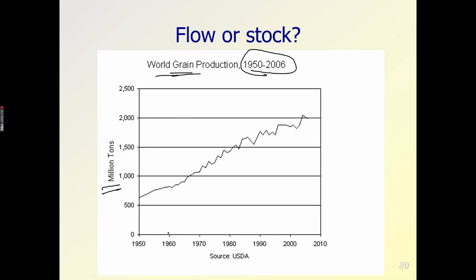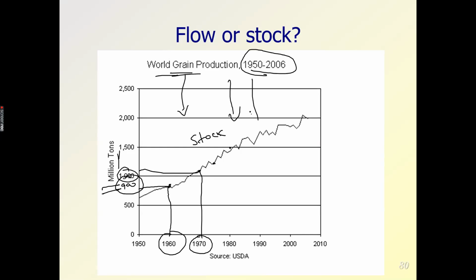So each year, we have a certain amount of millions of tons produced in 1960, in 1970, etc. So we have the amount. So each point of this line is actually a stock variable, isn't it? It's a stock of wheat that we have produced each year.